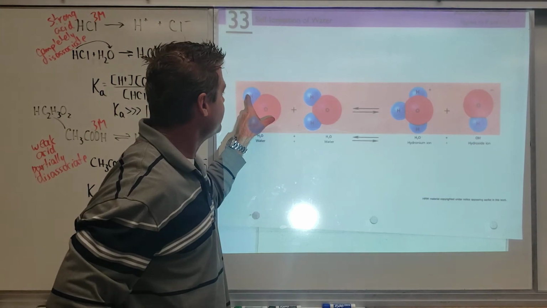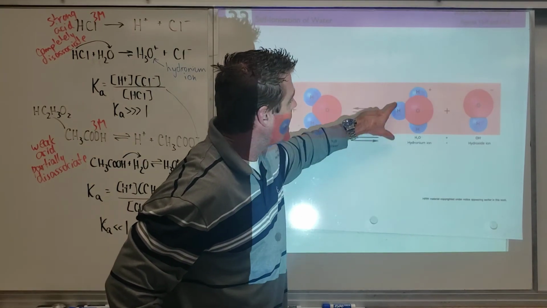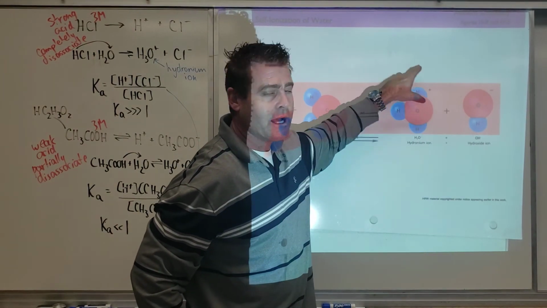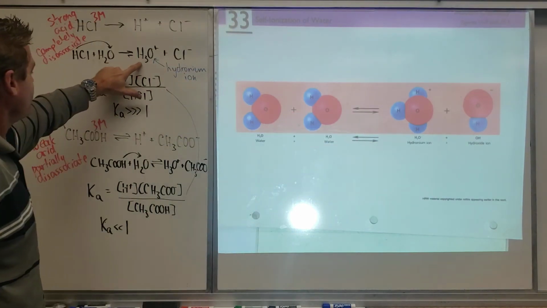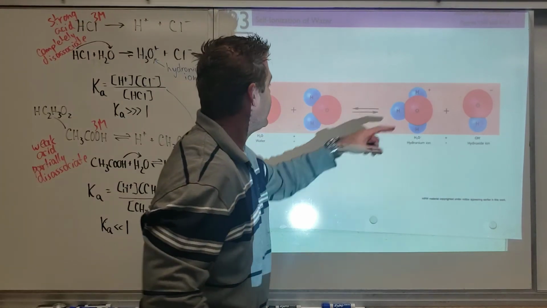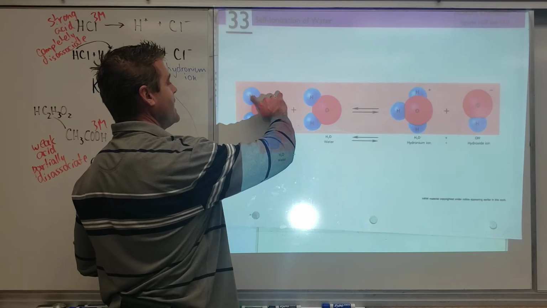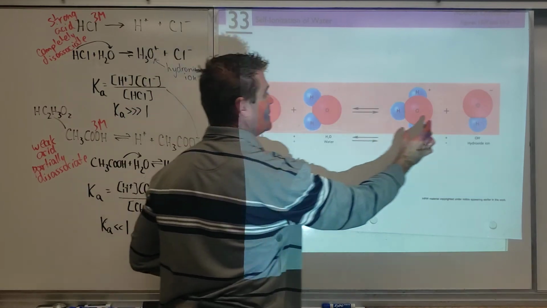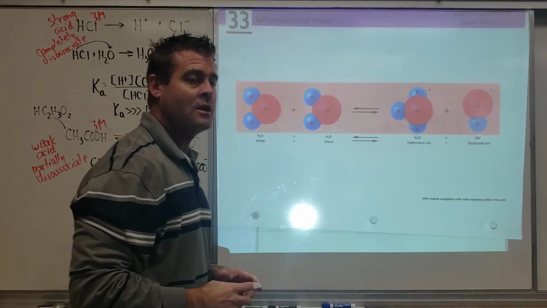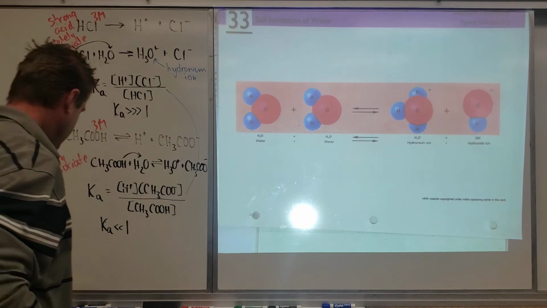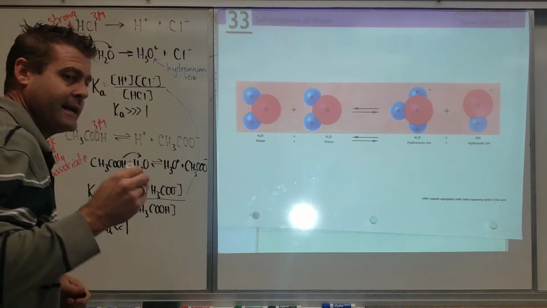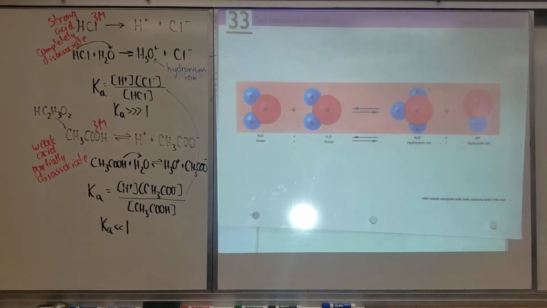And so you see what happens when it donates a hydrogen ion. Once again, we have an H3O plus. You remember we recognize that from an acid. And then with the water molecule that donated a hydrogen ion, what's left? A hydroxide ion.